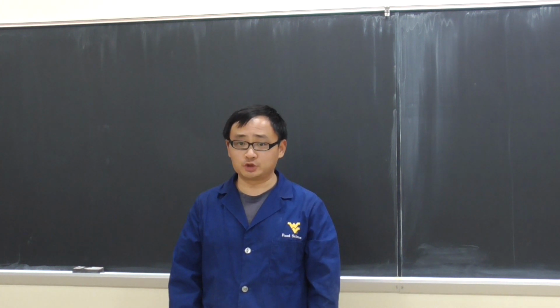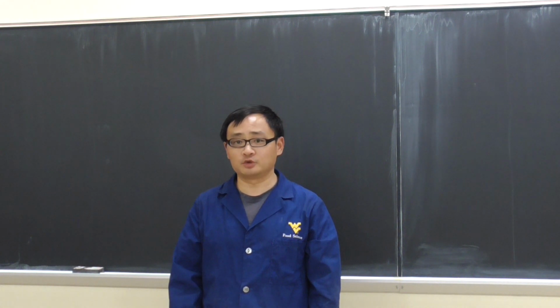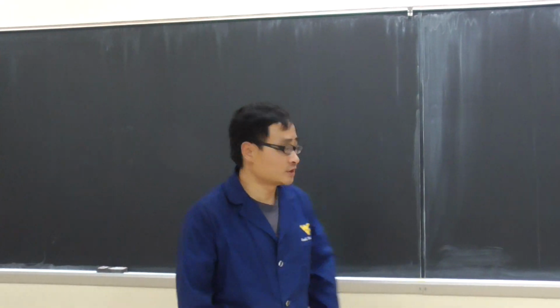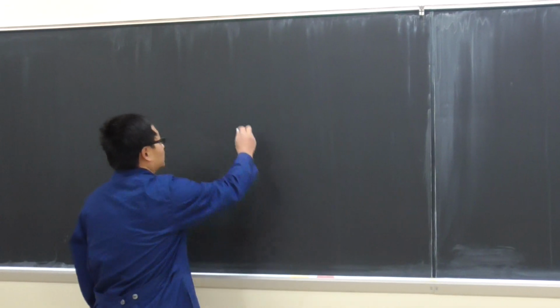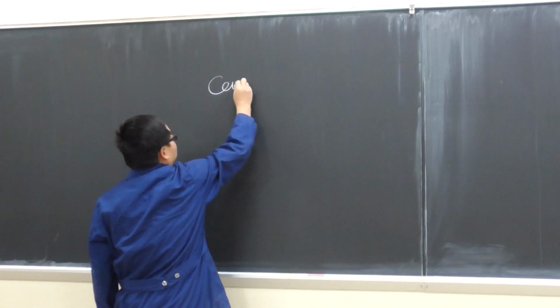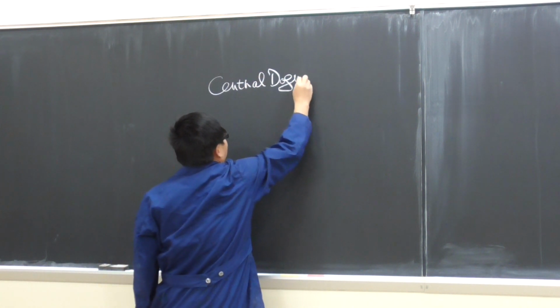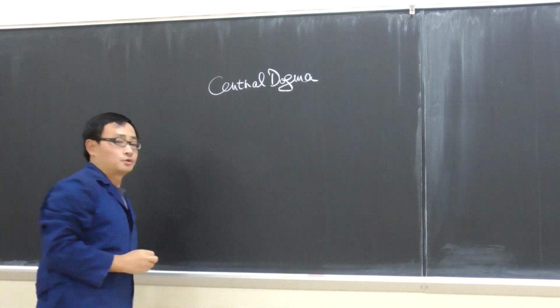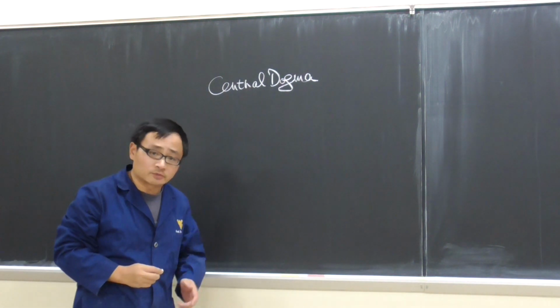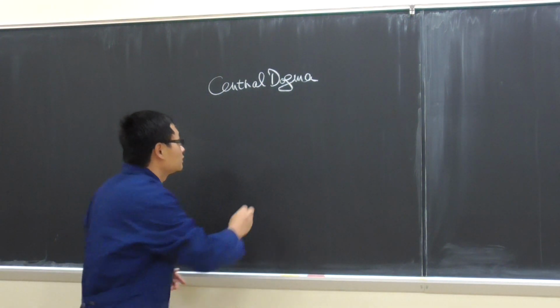So we will continue to talk about genetics. Today we will talk about RNA transcription. So let's still go back and talk about this central dogma. Crick mentioned the central dogma back in the 1950s.